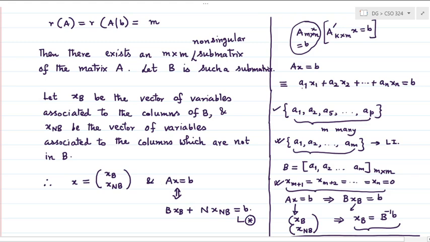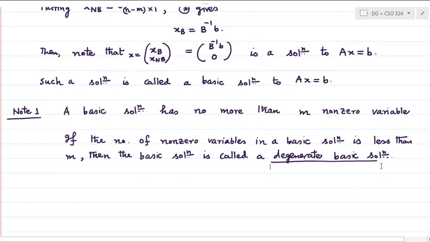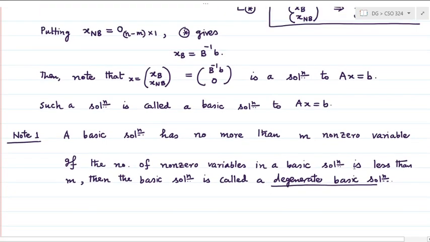Corresponding to the column A1, you have the variable x1 associated. Corresponding to the column A2, you have x2, the associated variable, and so on. So once the matrix capital B is chosen, associated variables are also chosen, and those are stacked up to form this variable vector xb, and any variable in the xb is called a basic variable.